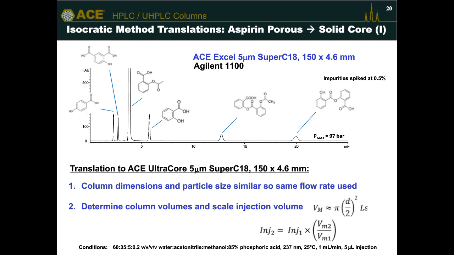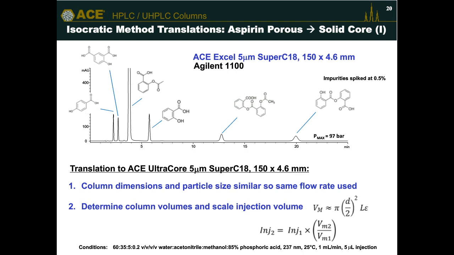What we want to do in this case, and what we're allowed to do according to the pharmacopoeia, is actually move from a fully porous phase to a superficially porous, so a solid core phase. But we're going to move to a column of exactly the same format. So it's still the same dimensions, still the same particle size. It's just the actual particles within the column are now solid core instead of fully porous.